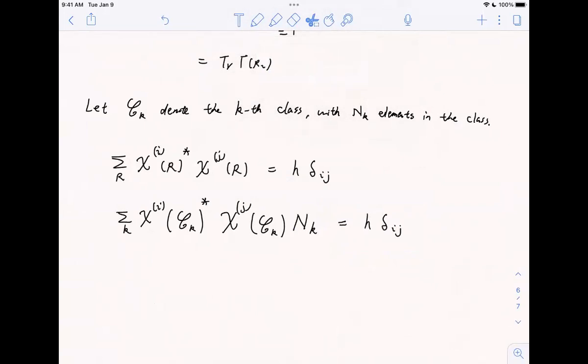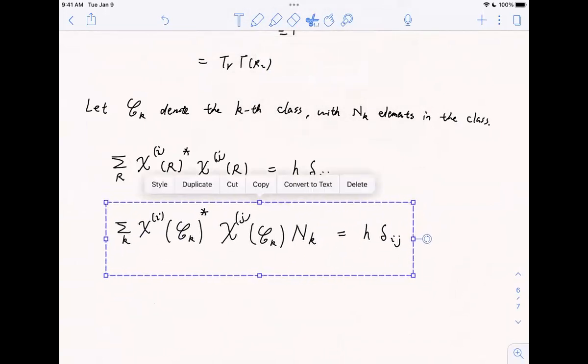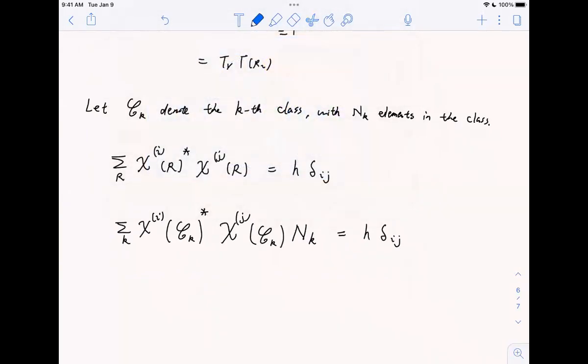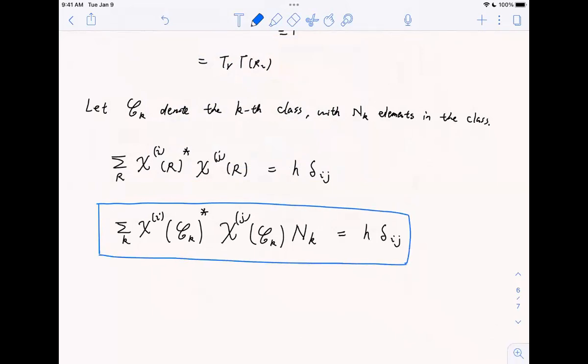Okay, so this is the result that we will use quite often. Let me just highlight it. This is the orthogonality theorem in terms of character. Basically, you get the character for each class, make an inner product, and weight it by the number of elements in the class. Then you get the orthogonality relationship.